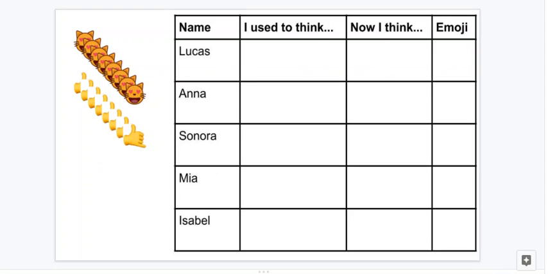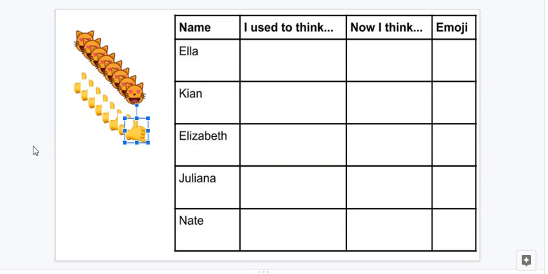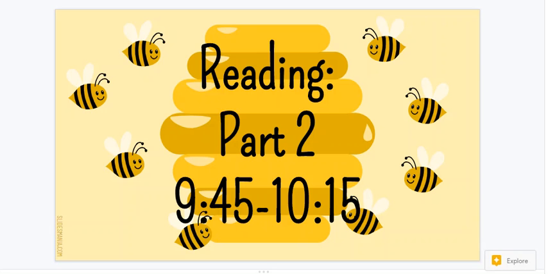So be very careful that you are not accidentally clicking in anybody else's I used to think or now I think. We need to be very careful about that. Okay, then once you're done with that, you're going to come down and go to reading part 2.